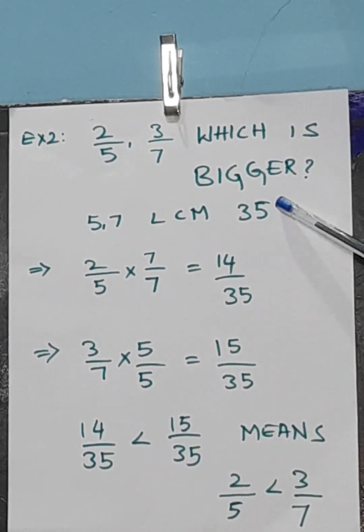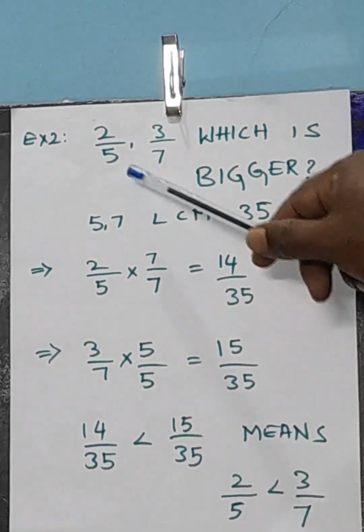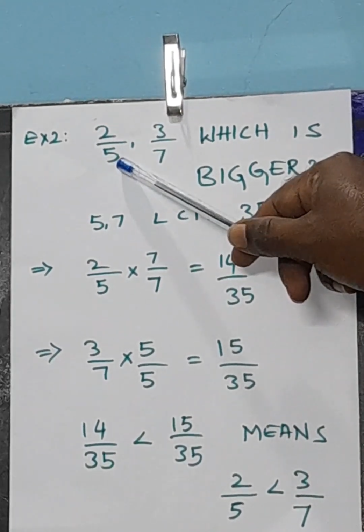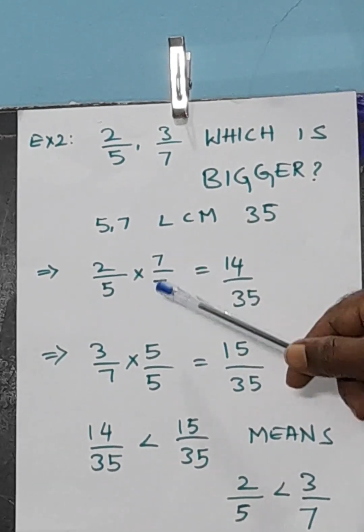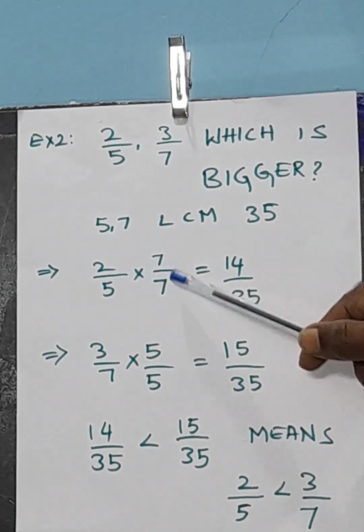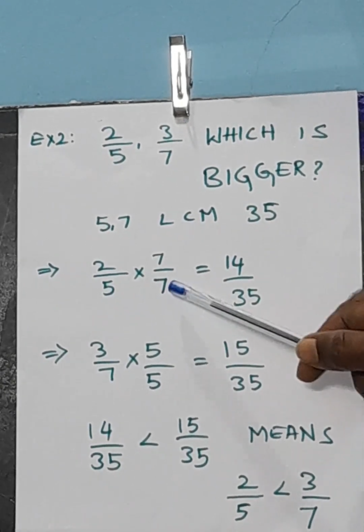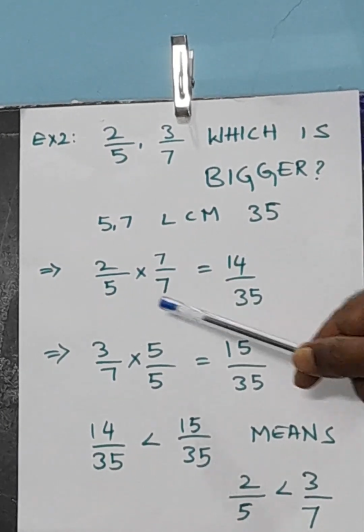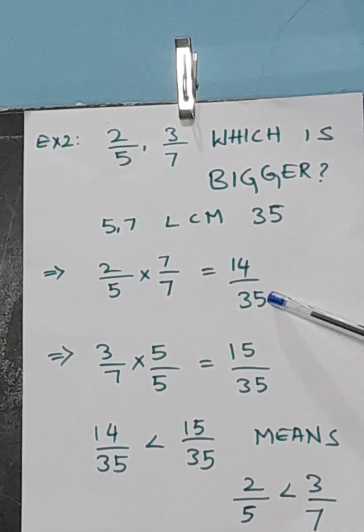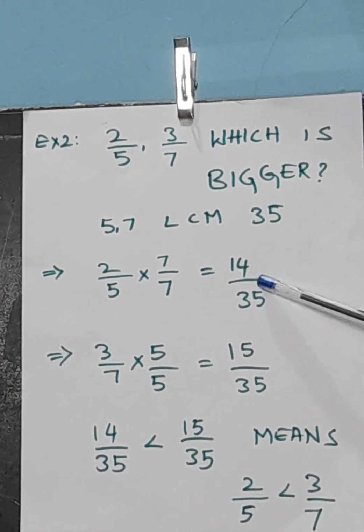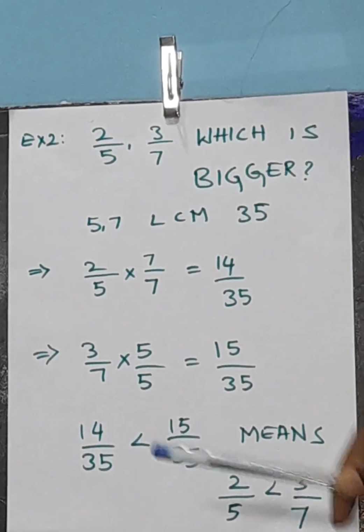Our LCM is 35. This fraction has the denominator 5, so we can take 7 and multiply with numerator and denominator. 2 into 7, 14. 5 into 7, 35. 14 by 35 is equivalent to 2 by 5.